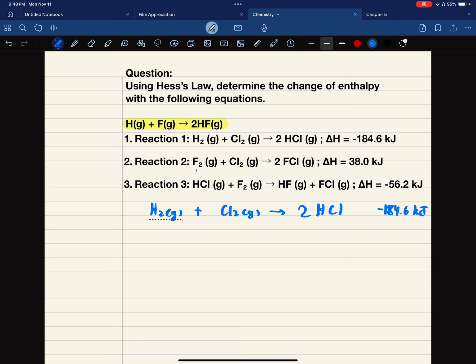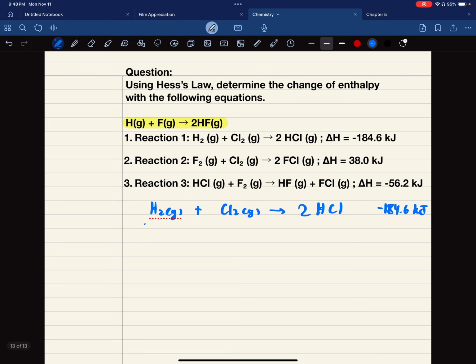The second one, what we're going to do is flip it over. So rather than F2 plus Cl2 giving us 2FCl, we're going to have 2FCl giving us F2 and Cl2. Just like algebra, we're going to use this technique to cancel out reactants until we get our main target reaction up here.